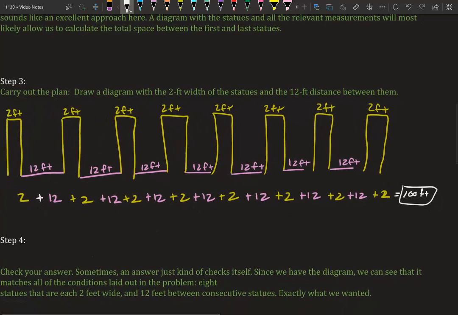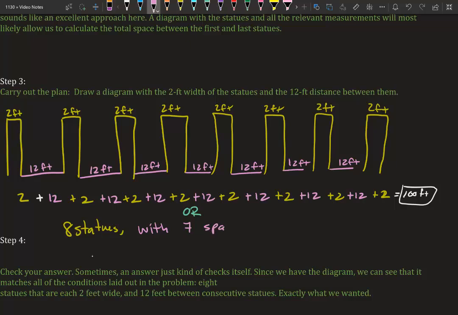Or there's another way to think about this. Do you notice that we have 8 twos and 7 12s? Because we have 8 statues. So if we have 8 statues, we're going to have 7 spacers between them. So we actually have 8 statues with 7 spaces.